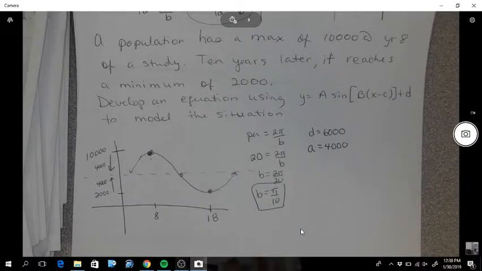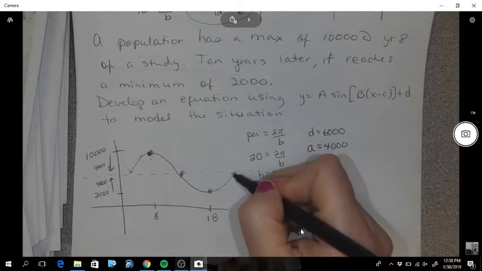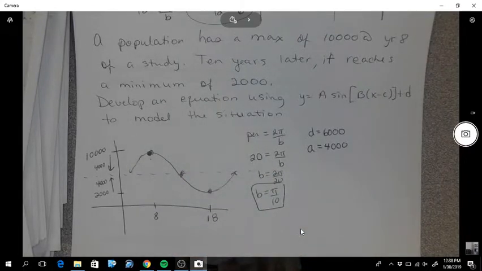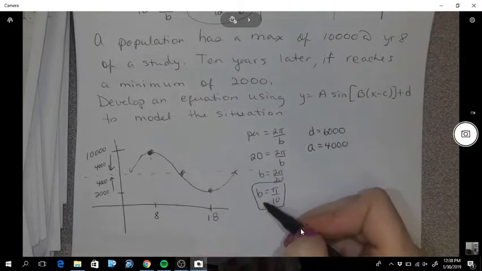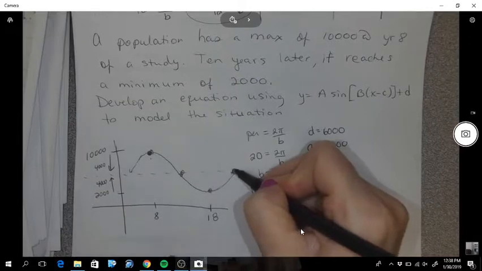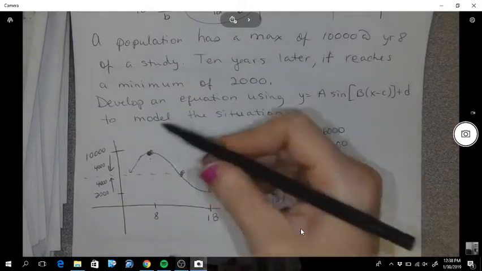Okay. Now, let's talk about where we're going to be shifting this from. So if you wanted to, you could say that this is our starting point.